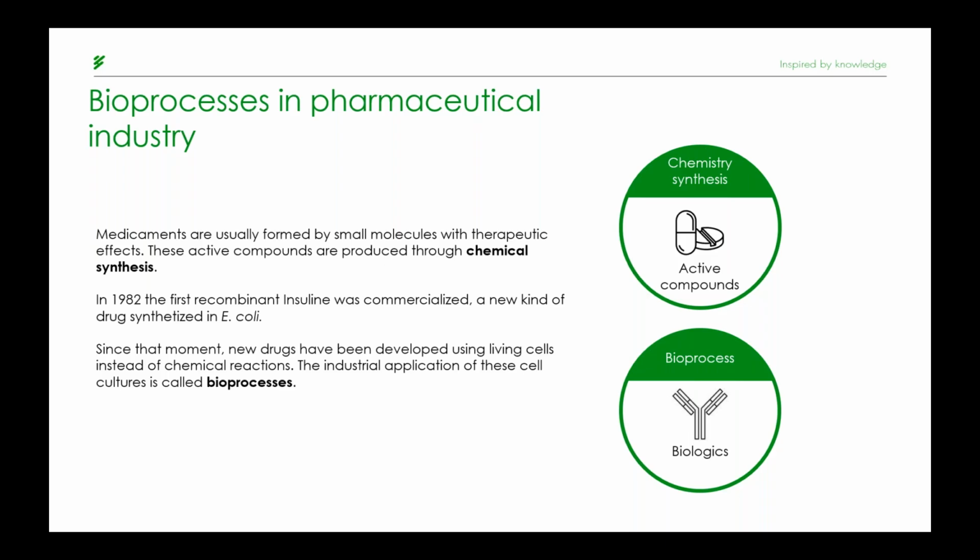This drug was before obtained through the purification of the porcine pancreas, but when recombinant insulin arrived to the market, it generated a great difference because it was obtained by inserting the human insulin gene into a plasmid and then introducing it into a strain of E. coli. This gave a product much easier to produce and without a risk of immunogenicity.